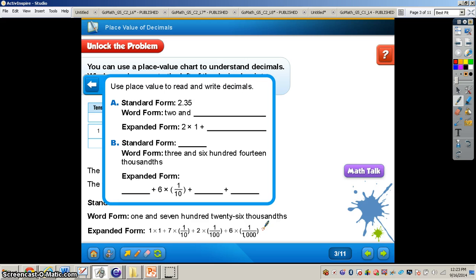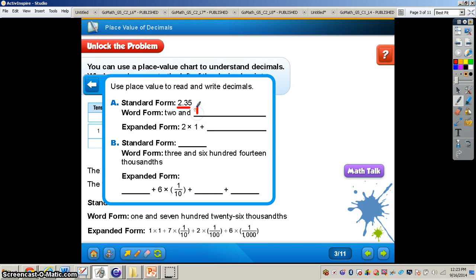Now let's go to the try this section. It says use place value to read and write the decimals. Now standard form, we have 2.35, written just like this. Now word form, we have 2 written for us. The and represents the decimal point.